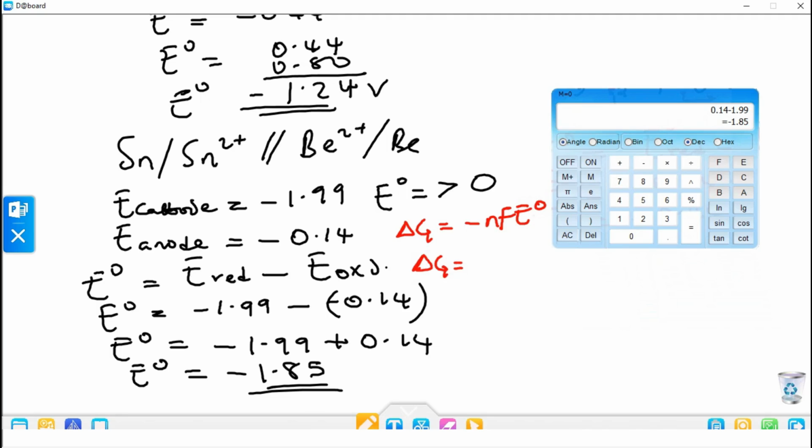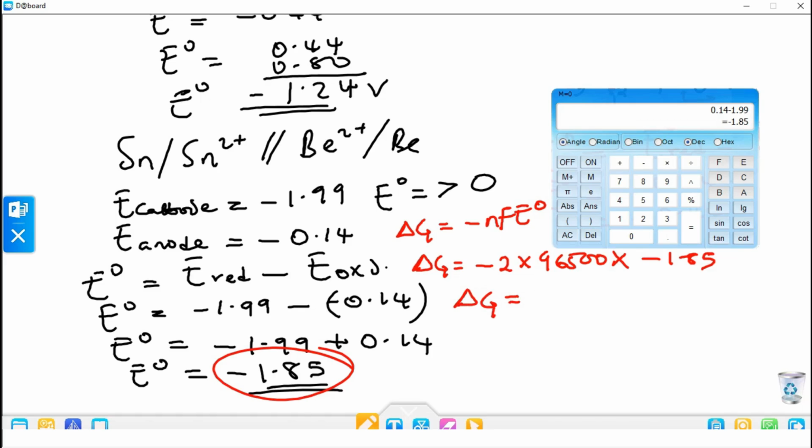So if we have delta G equals minus, in this case, let's say we have 2 moles of electrons times Faraday. Faraday is 96,500. Then times, in the case of this value we have here, minus 1.85. Now let's see what our delta G value will be.